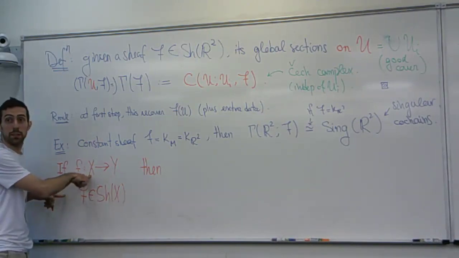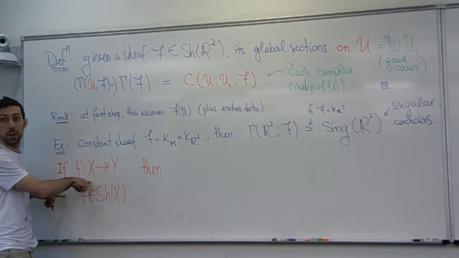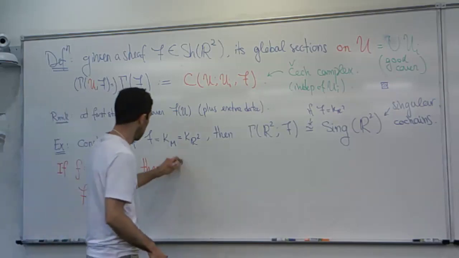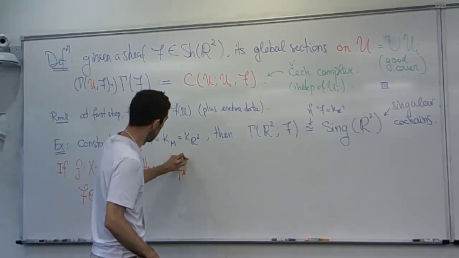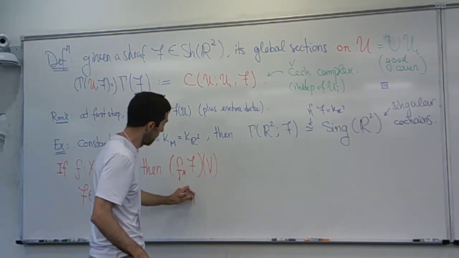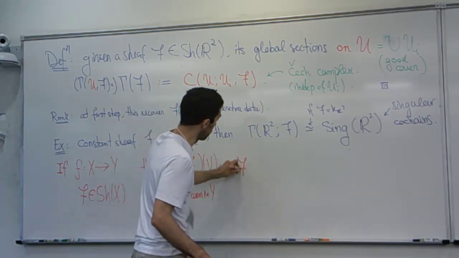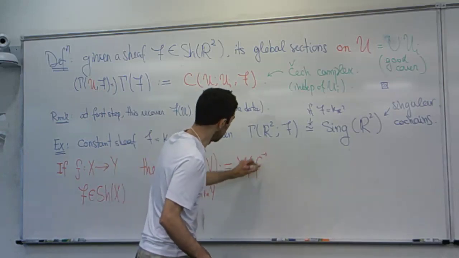In order to assign something to an open set V in Y, I take the preimage, which is open again, and f lower star of F on V is declared to be whatever F assigned to f inverse of V.